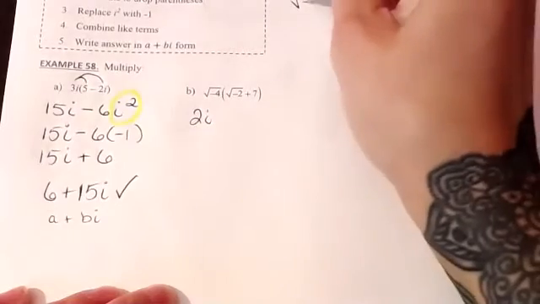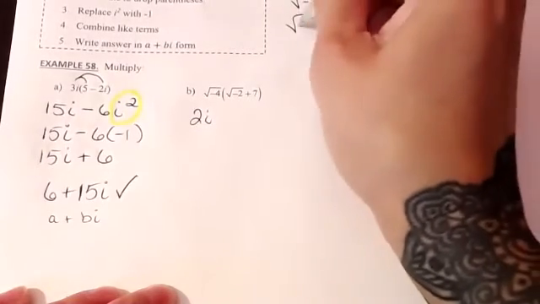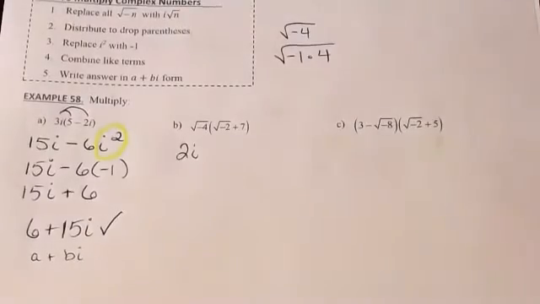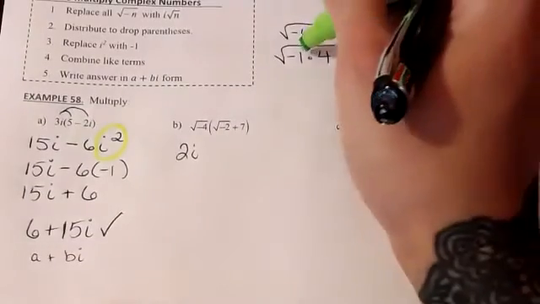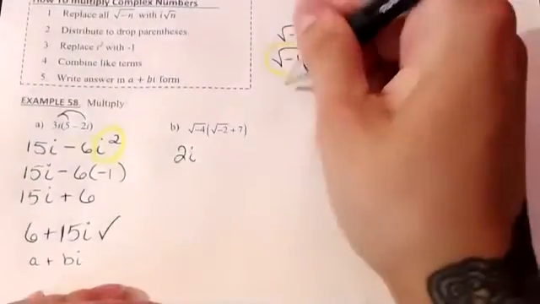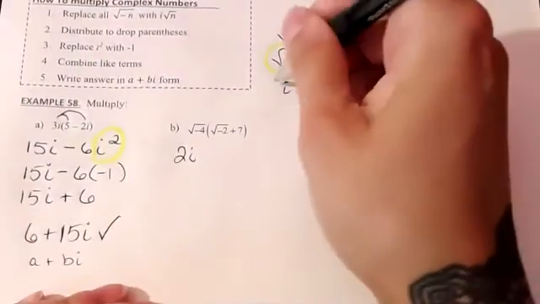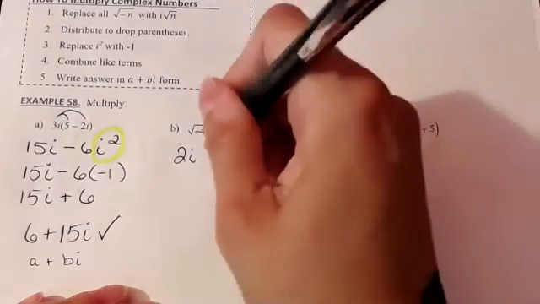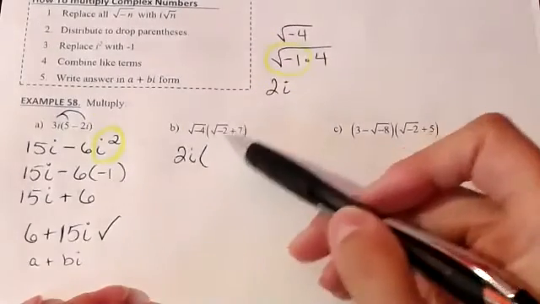Think back to this idea. Square root of -4 is the same as square root of -1 times 4. Remember that the square root of -1 is i, and the square root of 4 is 2. Okay, does that help, Jimmy? Yeah. Good, always take that i out.